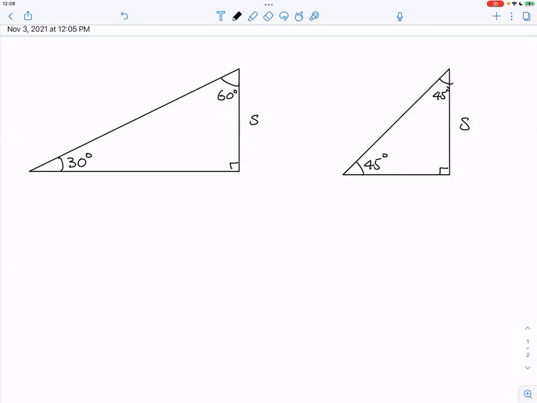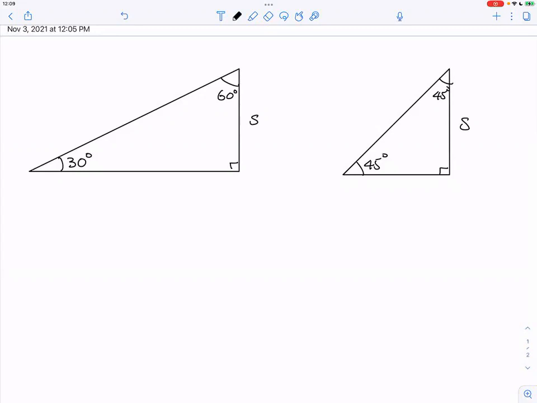Okay, label these sides properly. I hope you do know how to label them.